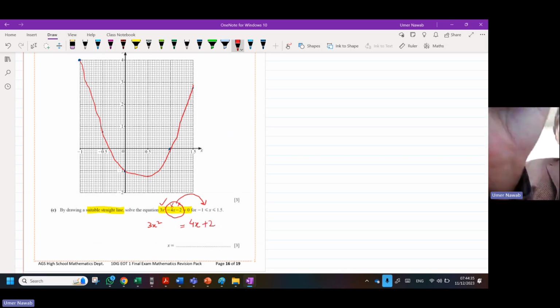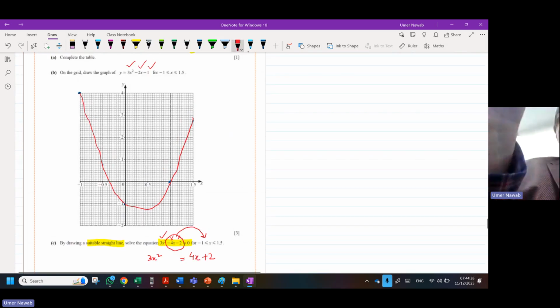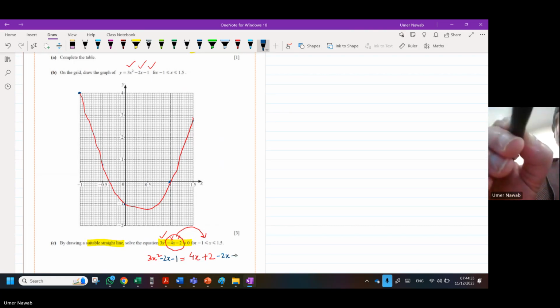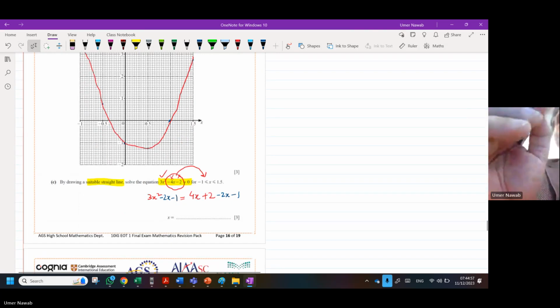Got it? Now what do you need on the left-hand side? On the left-hand side, you need minus 2x and minus 1. But in mathematics, if you write something on one side of the equation, you have to copy the same thing on the other side to balance the equation.